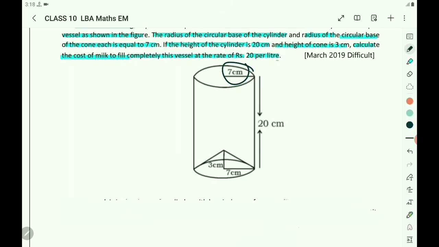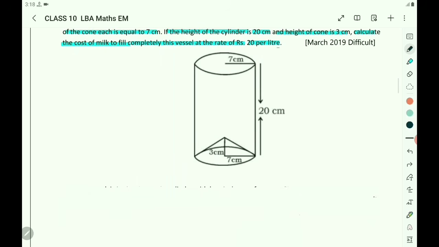For cylinder and for cone, R equals 7 centimeter.